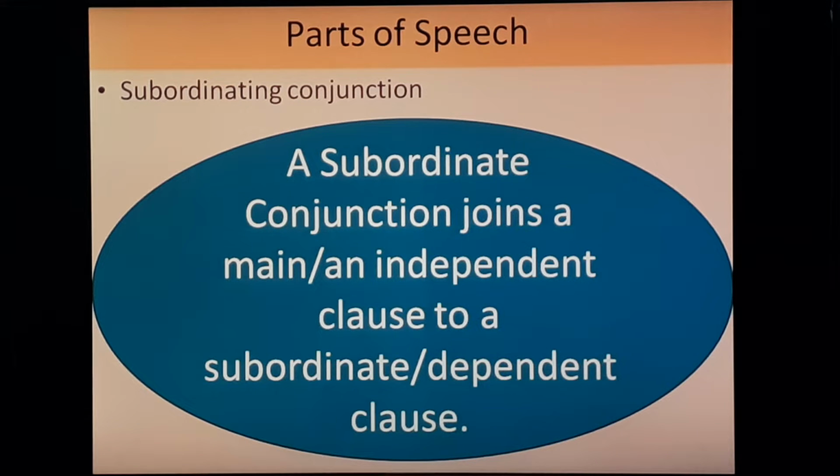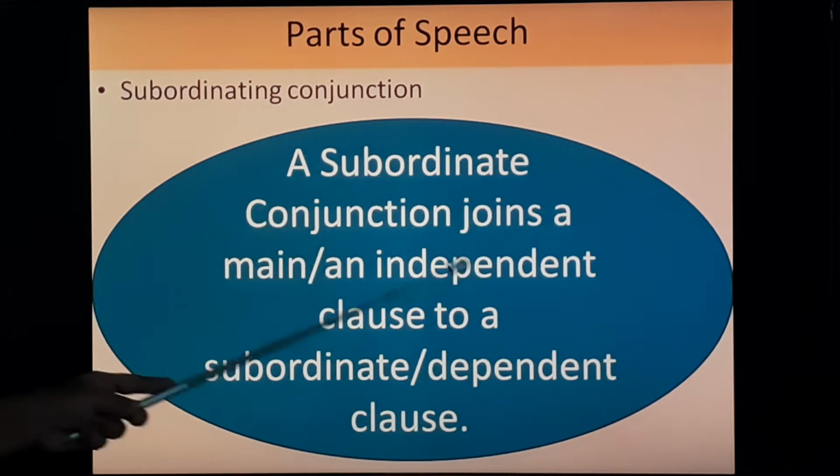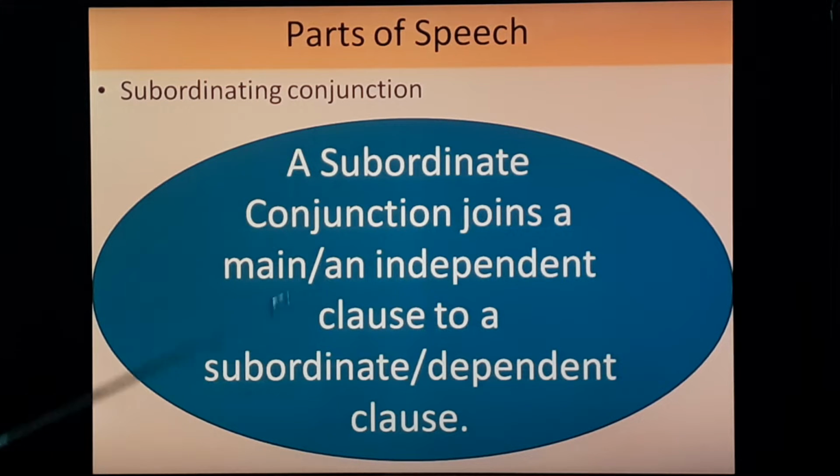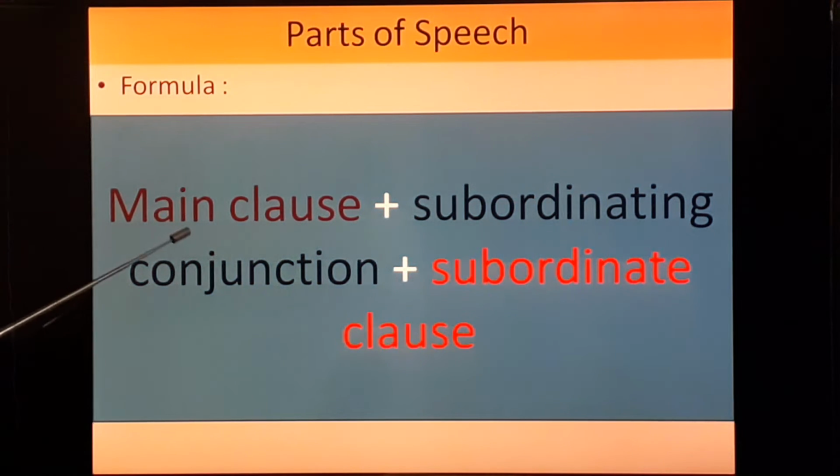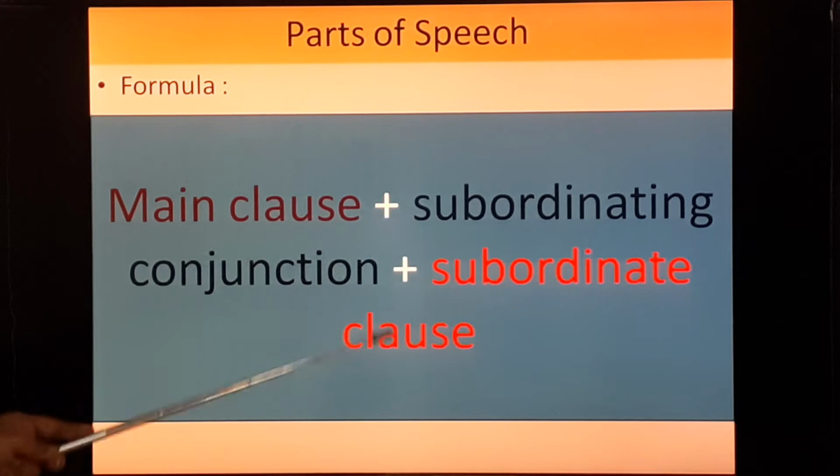In other words, we can say a subordinating conjunction joins a main or an independent clause to a subordinate or dependent clause. Let's see the formula. Main clause, then subordinating conjunction and then subordinate clause.